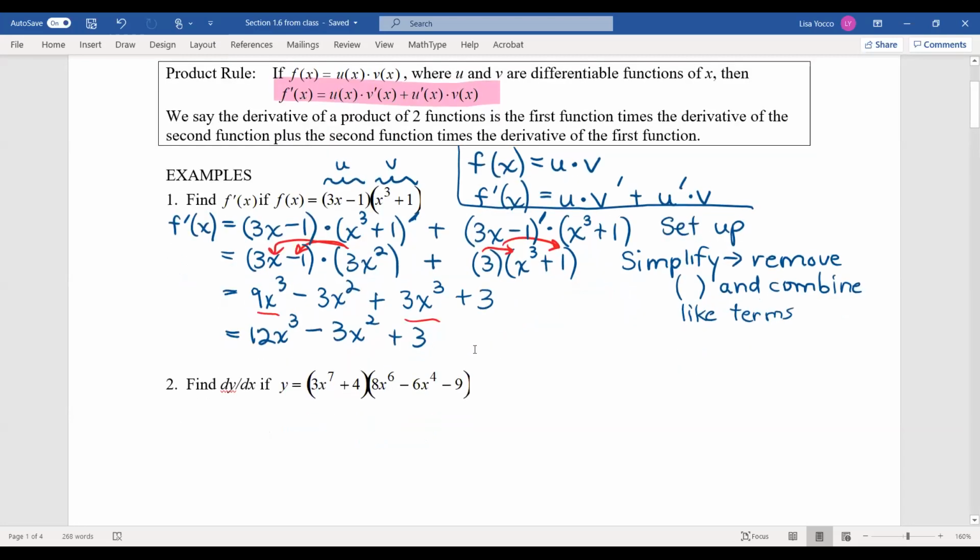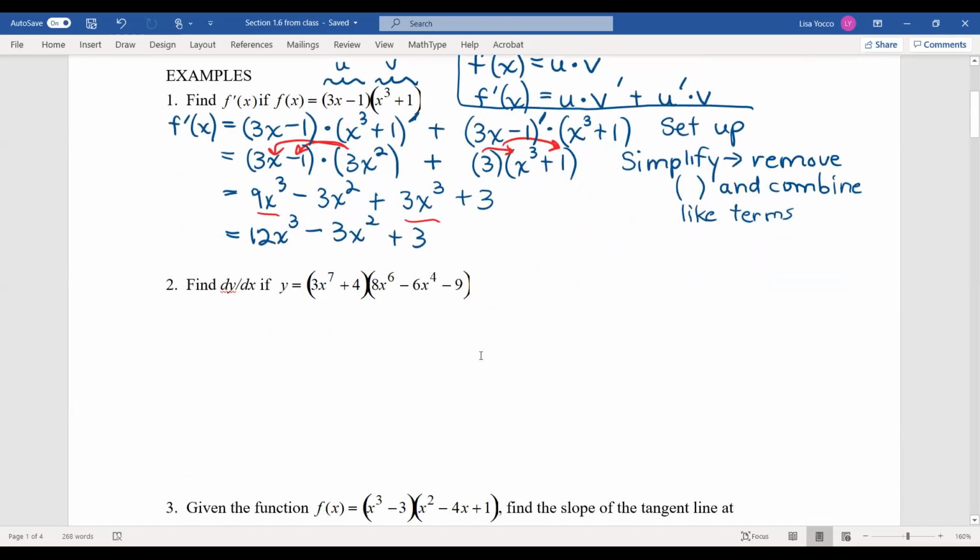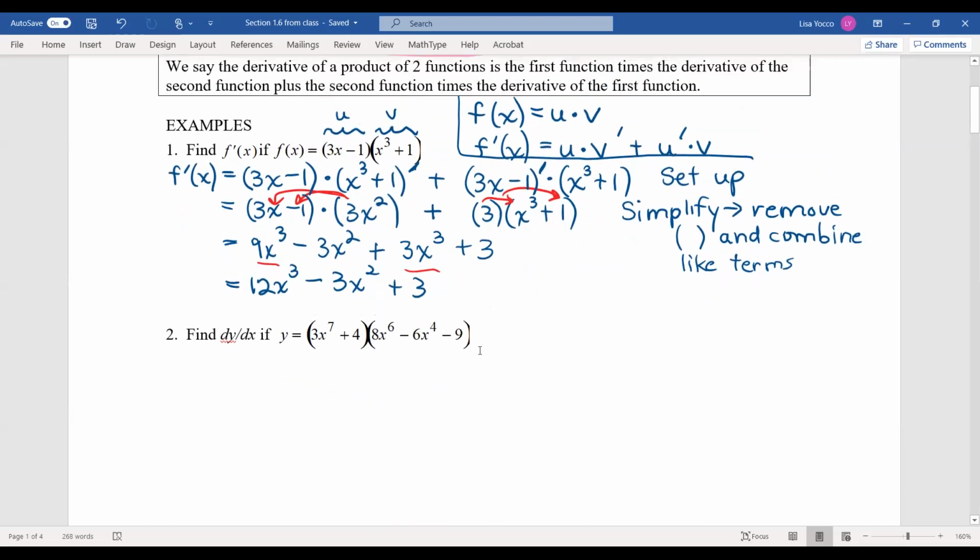A lot of times that's easier, but there will come a time when you cannot multiply the two functions together because one might be a polynomial and one might be an exponential function, and you can't multiply those together. But as long as they are polynomials, if you want to just multiply the things together, that's fine. You get the same thing, and it may be less trouble.